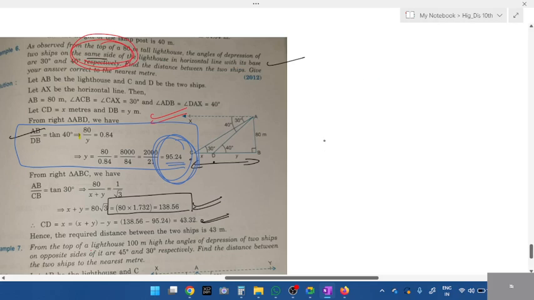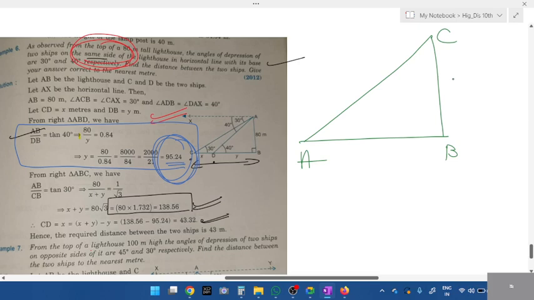I'll just tell you how to draw the diagram. From the top of a lighthouse, students. Which chapter is this when depression angle values are given? Elevation, depression, which chapter? Heights and distances. Which triangle do we use? Right angle. First, draw a right angle triangle. Name it as ABC, however you all want. From the top of a lighthouse. Which is the lighthouse here, students? AC or BC?